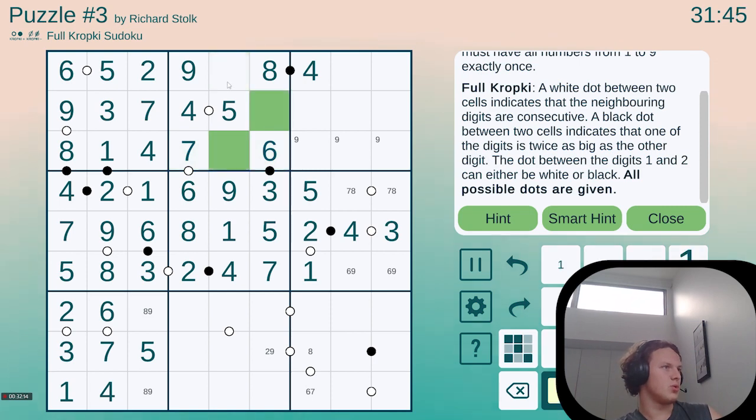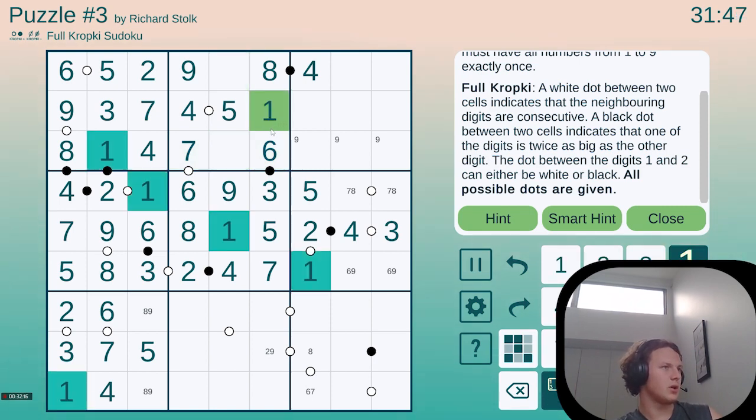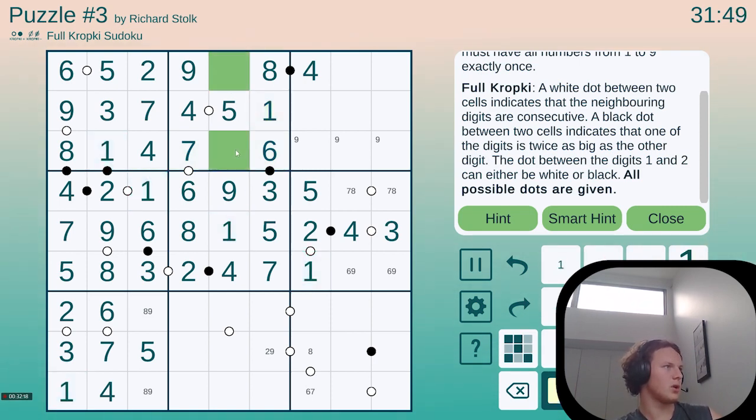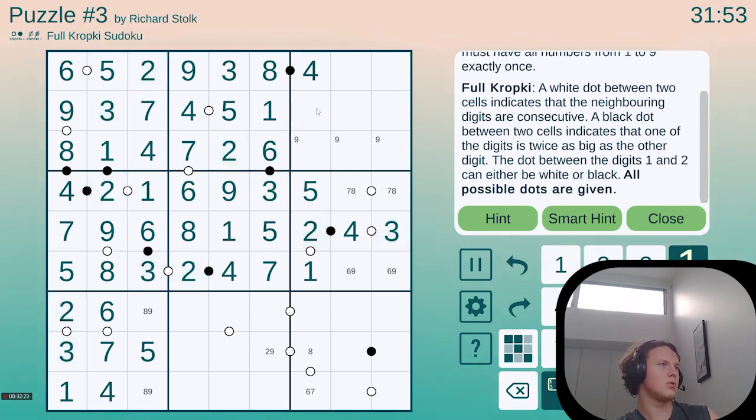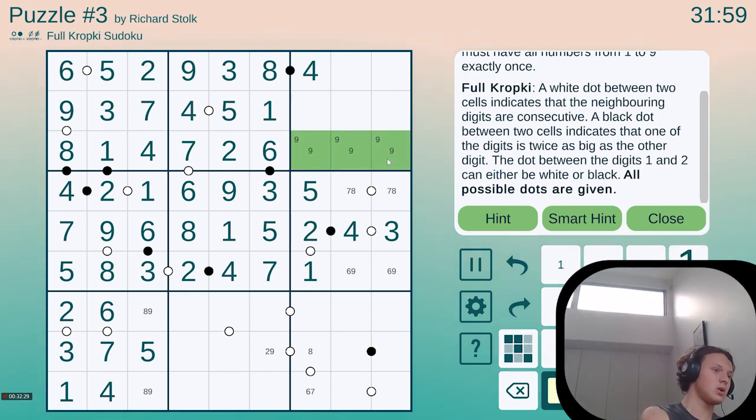When you place 1, 2, 3 here, the 1 has to go there because of this one. The 2 and the 3. That has to be the 3 because of this. That has to be the 2. This makes this a 9. Nope, can't be 6.